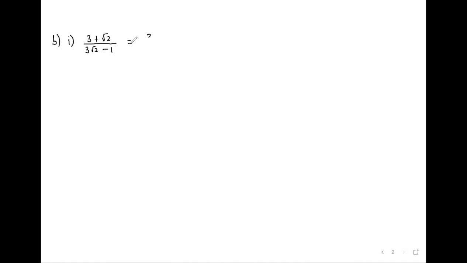You can write this as 3 plus root 2 over negative 1 plus 3 root 2, so that we don't change what we know. We know that to rationalize, you change the sign of the root. Minus 3 root 2 over minus 3 root 2.